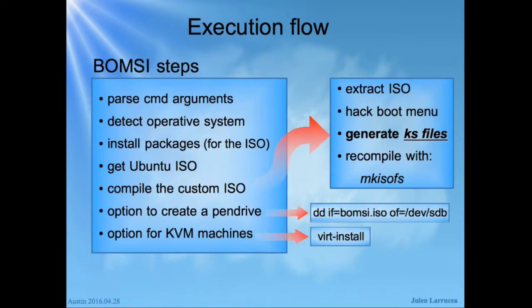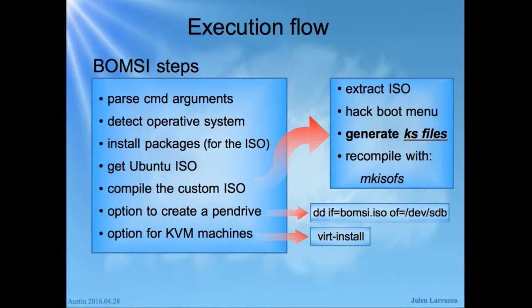In case somebody is interested in checking the code, this is how it works. As with most of these kinds of tools, first of all, it's going to parse the command line arguments. It's going to try to detect the operating system. In this case, when I say operating system, I mean which kind of Linux. I do it in Ubuntu, but it should work also in SUSE and partially in CentOS, but I'm still working on that.